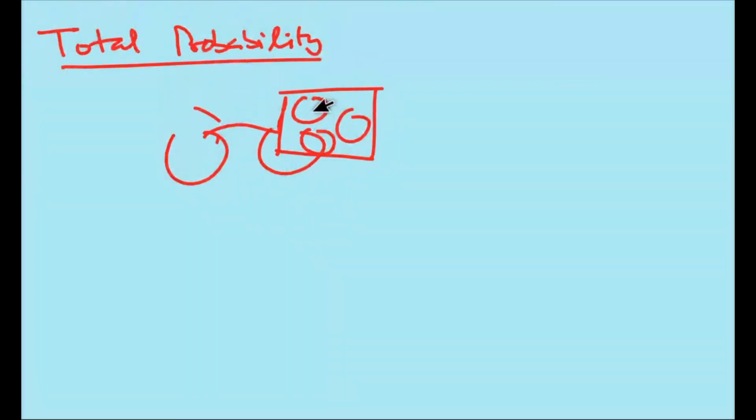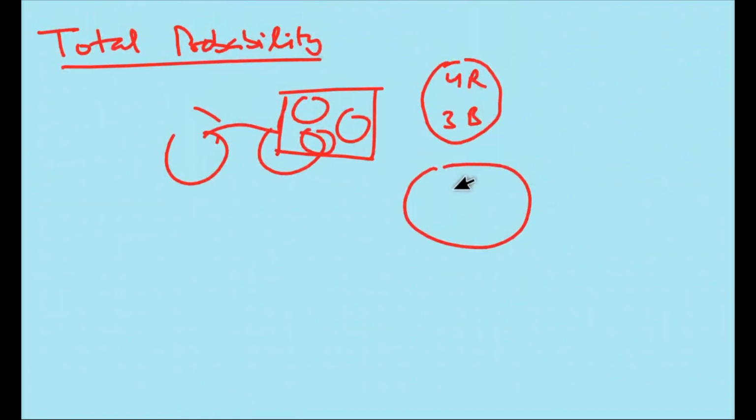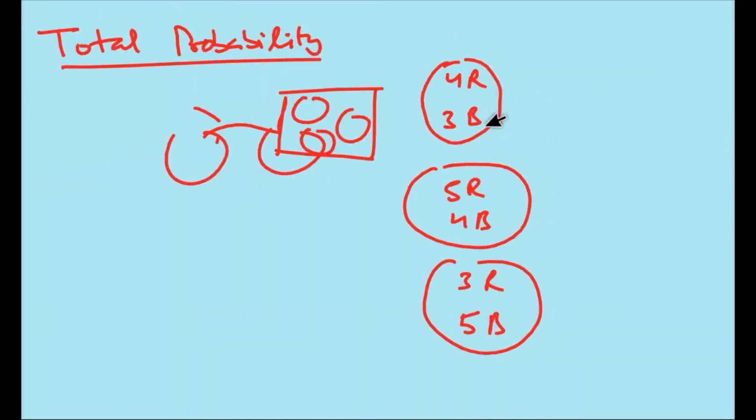In the first bag there are 4 red balls and 3 blue balls. In the second bag there are 5 red balls and 4 blue balls. And in the third bag, 3 red balls and 5 blue balls.